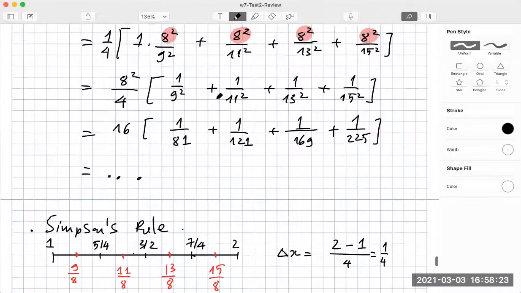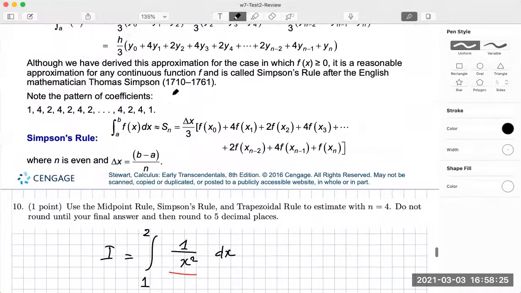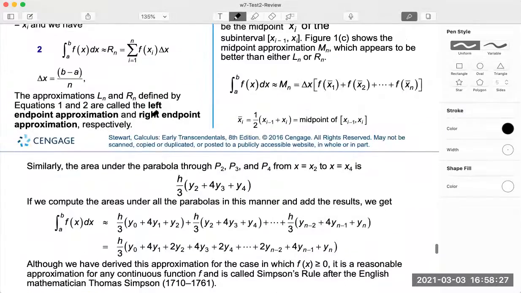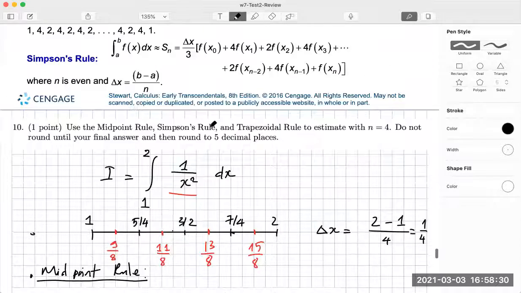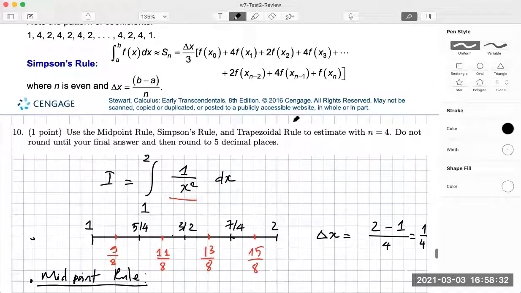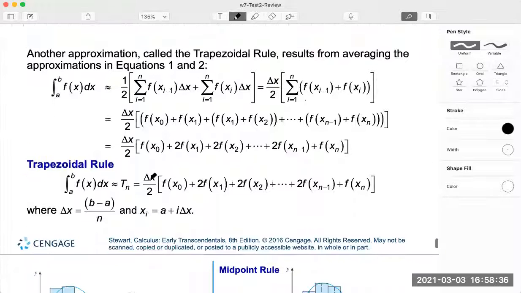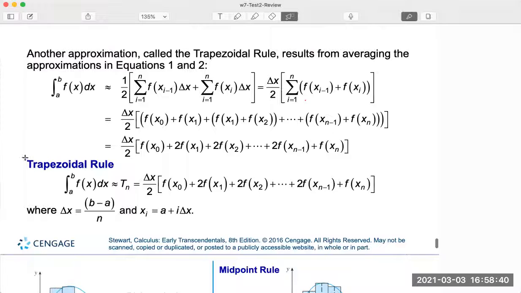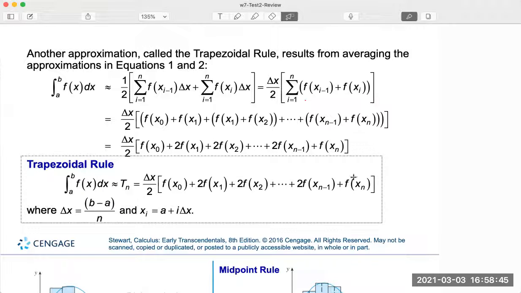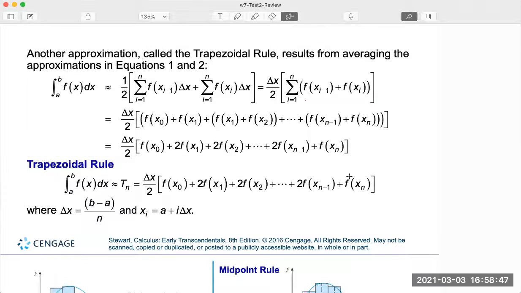So the last one is what is it? The trapezoidal rule. And here is the trapezoidal rule, right? Delta x over 2, and the coefficient of them will be 1, 2 to the 2, 1 at the end, right?